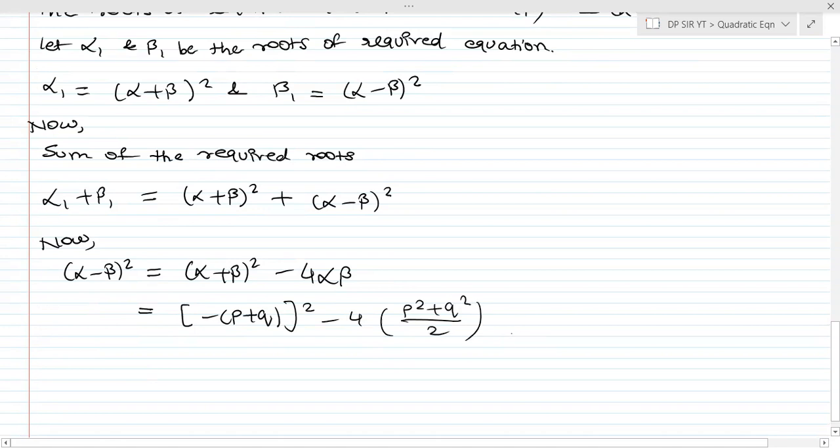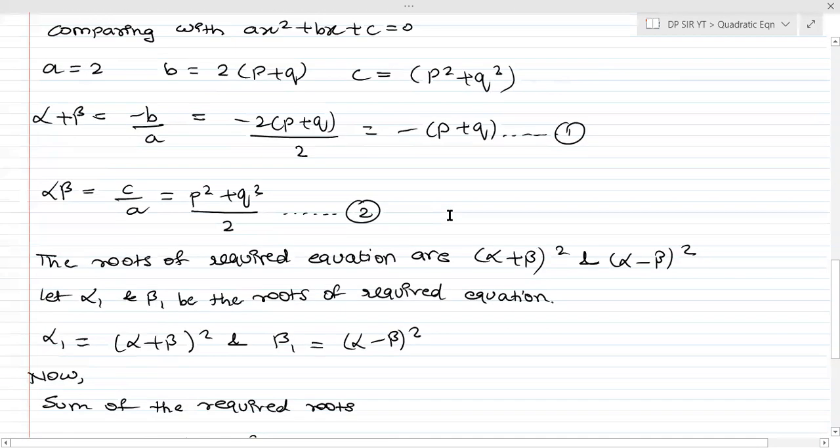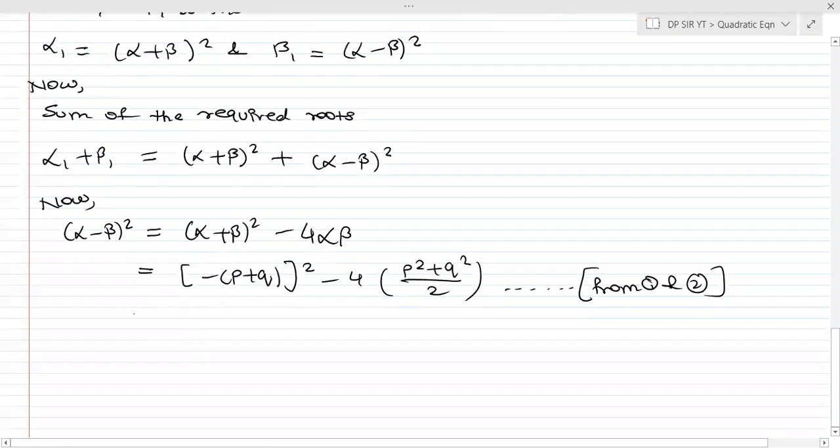Where did I get this from? I got this from equations 1 and 2, which were the values of alpha plus beta and alpha into beta. When you solve a sum, you should remember what 1 was and what 2 was. Now try to solve this part. So here it is going to be p plus q the whole square minus 2 times p square plus q square.